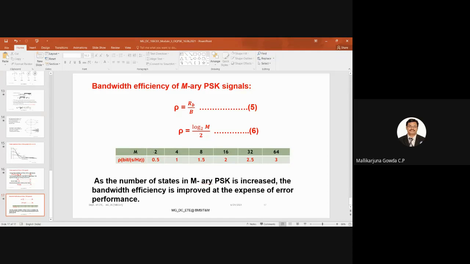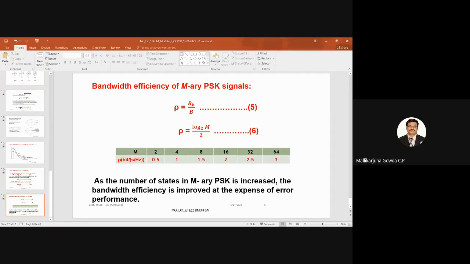So when M is 2, the efficiency is 0.5. When M is 4, the efficiency is 1. And when M is 8, I hope we will be able to get that value, right? When M is 2, log 2 with base 2 is 1. So 1 by 2 is 0.5. That is why the bandwidth efficiency is 0.5.